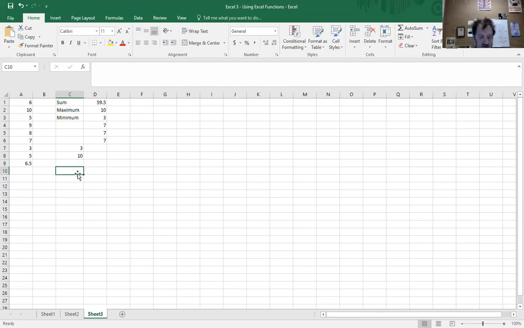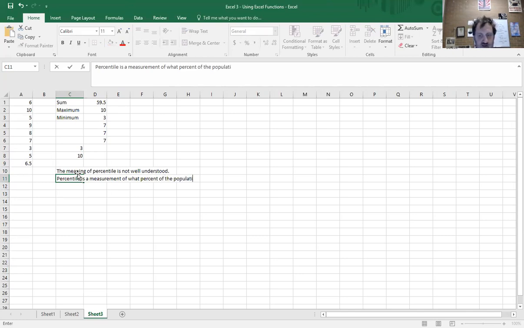Okay. The meaning of percentile is not well understood. So first thing I would say is that a percentile is a measurement of what percent of the population is below the number we find.